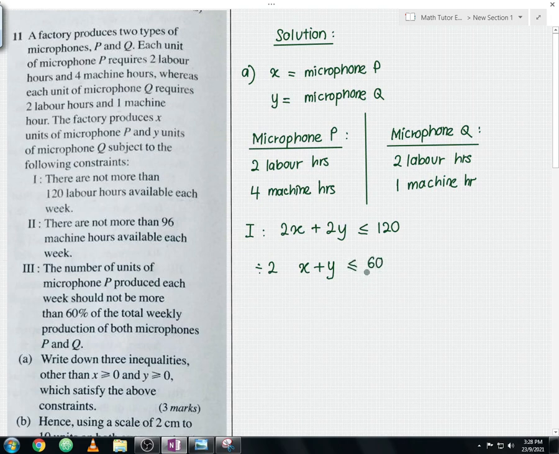This is your first constraint, and beside this, let me write here labor hours. Let me underline this. Let us proceed to the second constraint.